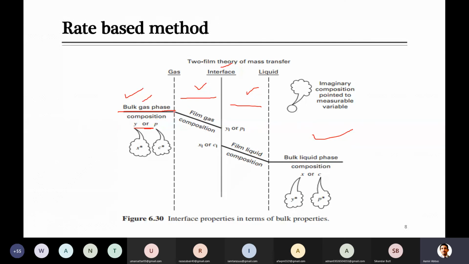But when you look at the film where it interacts with the liquid, as you keep moving inside that film, the concentration keeps reducing. The reason is that the component starts transferring towards the liquid, so its concentration decreases. On the other side, the liquid, there is a deficiency of that component; it is in a very small amount.